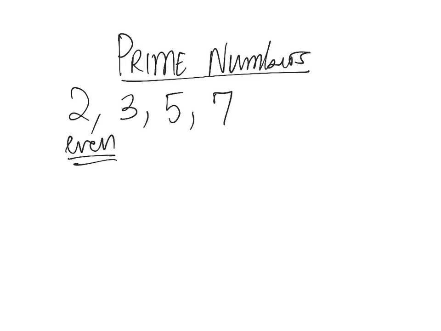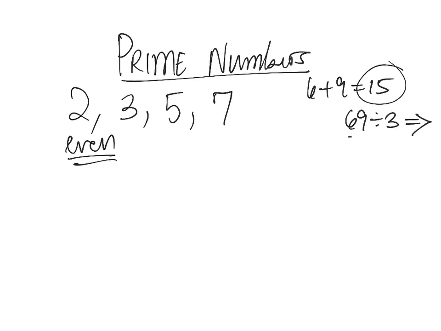Well, you would say yes, because 6 plus 9 is 15, and because 6 plus 9 is 15, that is a multiple of 3, therefore 69 is divisible by 3. So there's a way to know if a number is divisible by 3. That's not the same way you check if a number is divisible by 4. For 4, there's a different way we find out if it's divisible by 4. So these are just things for you to keep in mind. They'll be helpful in getting you efficient and effective in doing math problems.